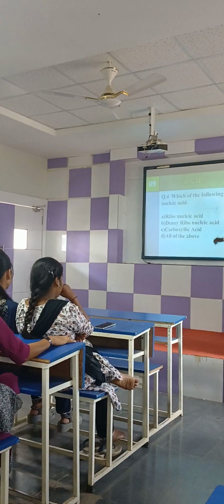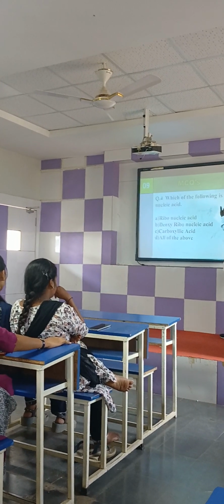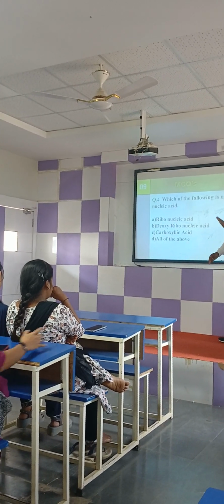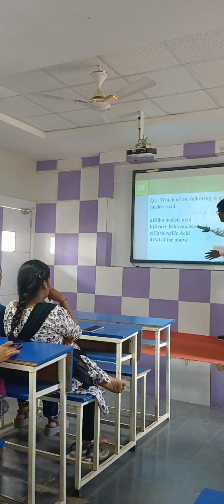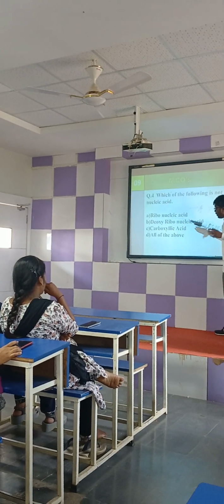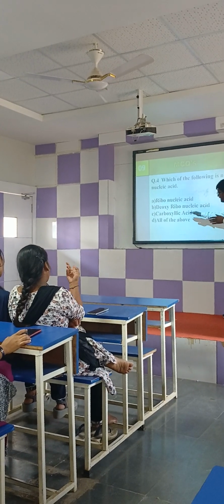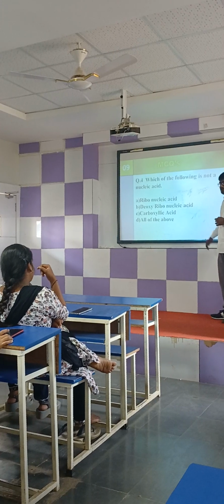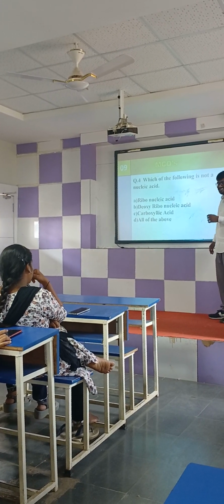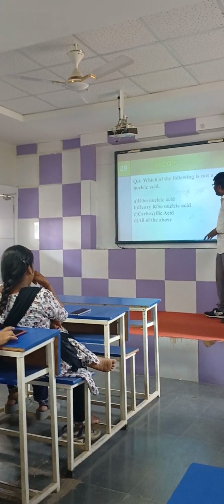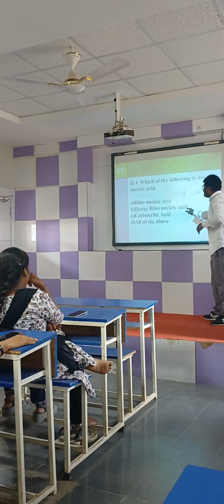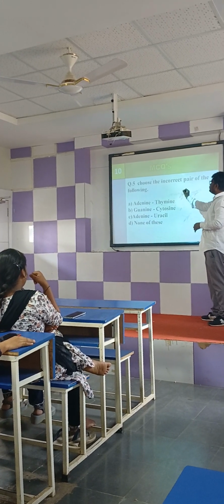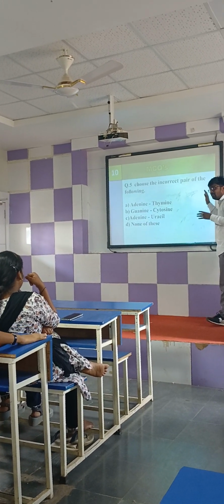And the fourth question is, which of the following is not a nucleic acid? First, ribonucleic acid, second, deoxyribonucleic acid, third, carboxylic acid, and all of the above. Carboxylic acid. Very good.